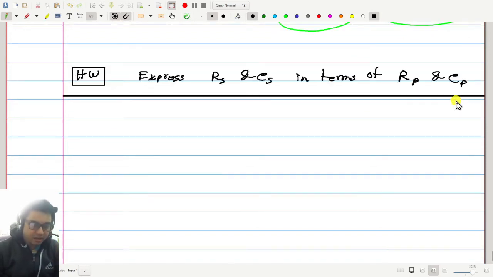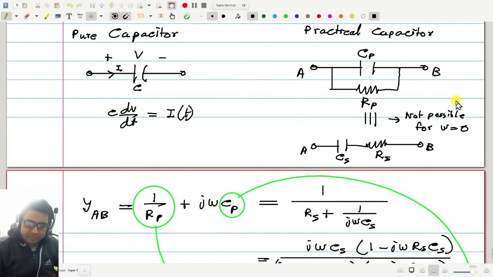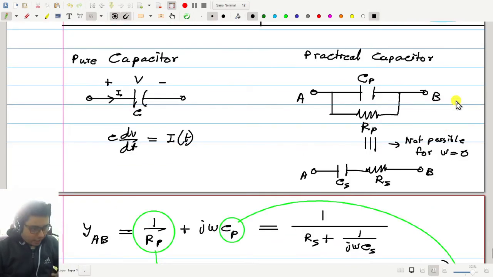to get finite current. One thing is that when you connect a capacitor to a source, you will definitely get some resistance, if nothing else, then due to the wire resistance. That is one thing.